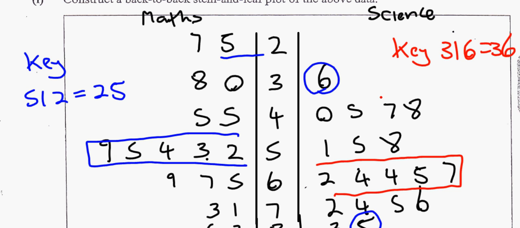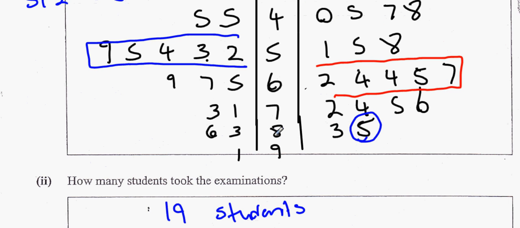And our similarity would be the same amount of people got in between 80 and 90%. So 2 people got in between 80 and 90% in science, and 2 people got in between 80 to 90% in maths.